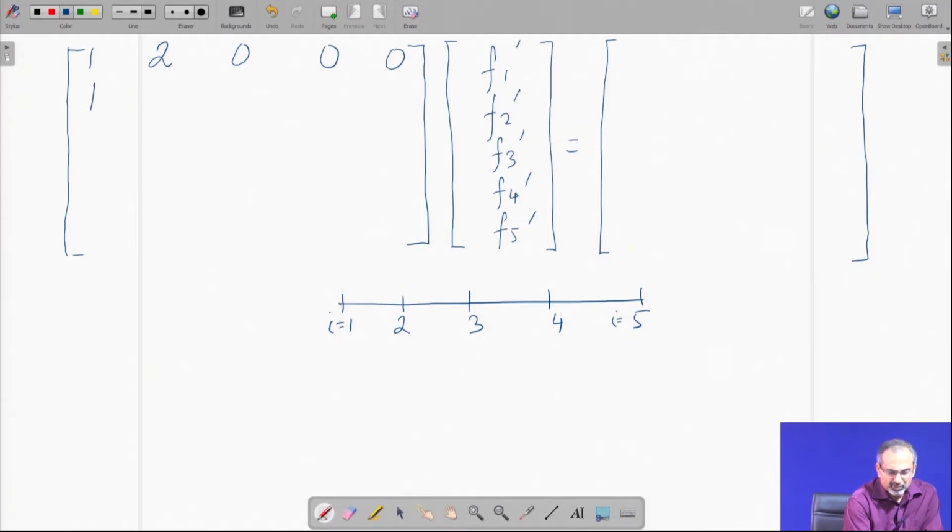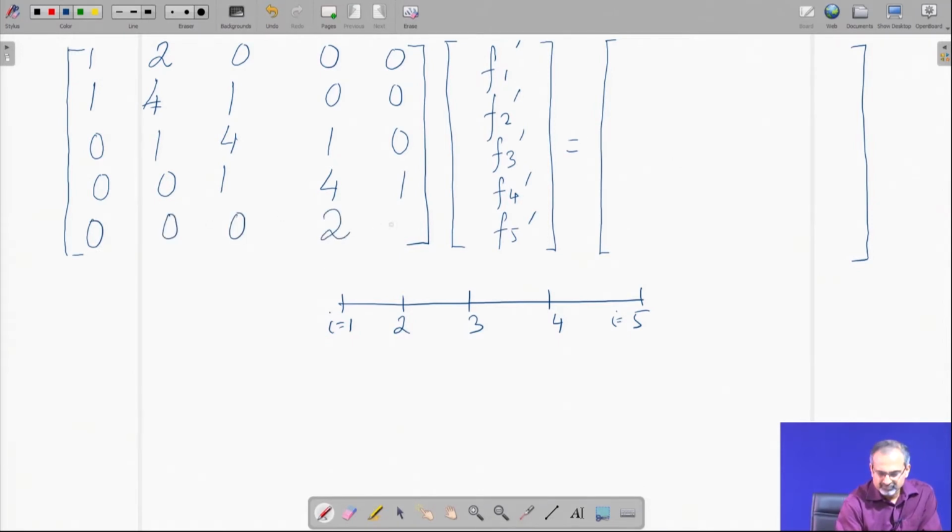So, if you write down the individual equations for each grid point, you will be able to generate this coefficient matrix, and what you put on the right hand side are the functional values. They are all known to you.